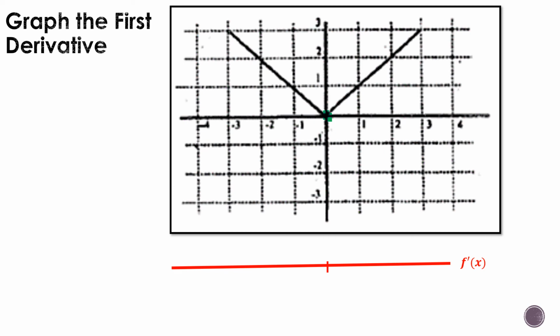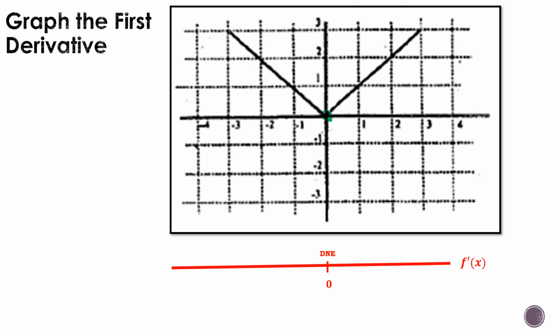And so 0 is an important point on our graph, where it's changing from decreasing to increasing. And the other one was a nice curve, so it had a horizontal tangent, and horizontal lines have slope 0. But here, this is a corner, so this is a place where my derivative does not exist.